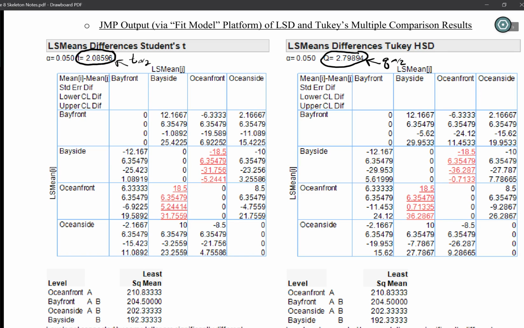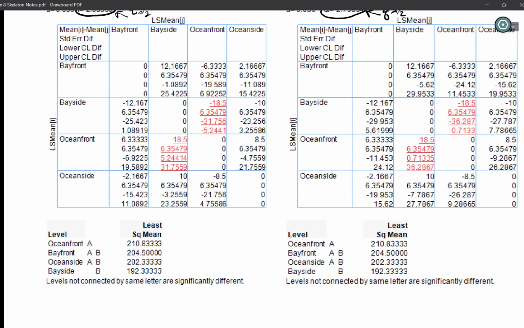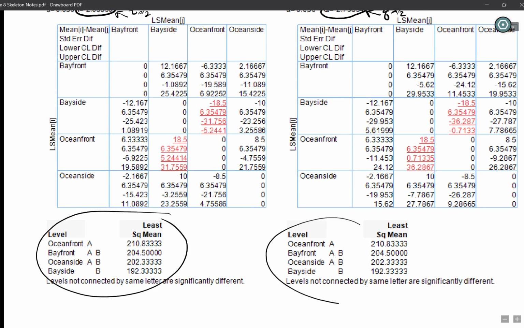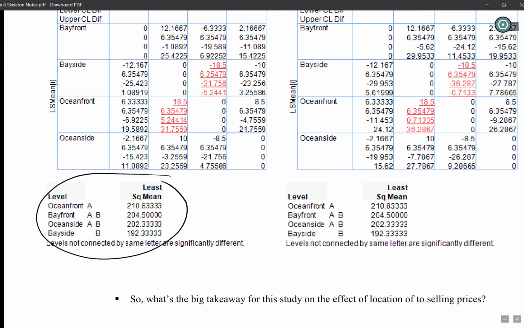Now in this table here, there's quite a bit of information, and I'm actually going to look at these first. This part right here, Fisher's LSD, this is called a connecting letters report.